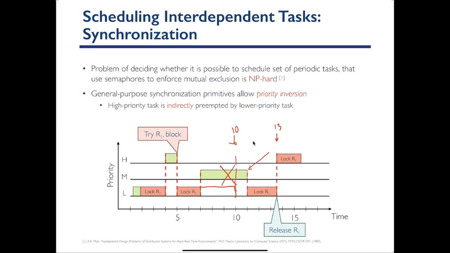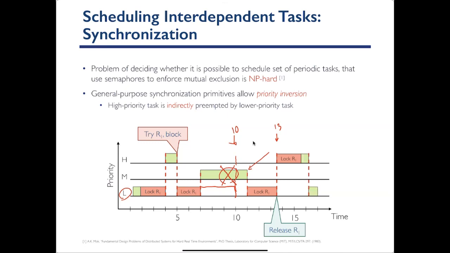Maybe the delay caused by the low priority task was justified because the low priority task had the mutex, but this delay by the medium priority task is not justified because it didn't even have the mutex. And this is called priority inversion.